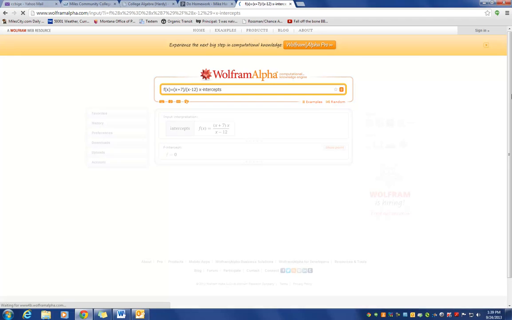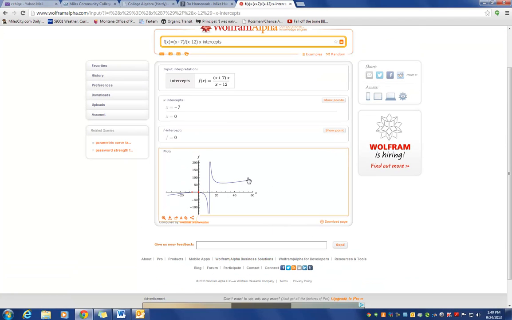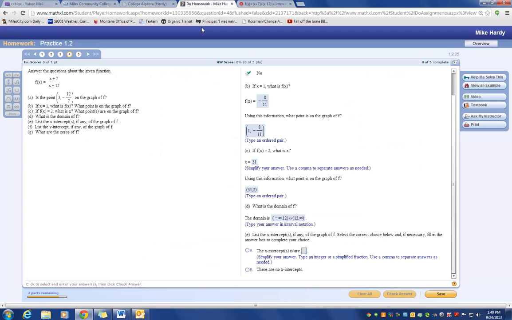Okay, so it's thinking, thinking, thinking, and sure enough it tells us the x-intercepts are occurring here at -7 and right here at 0. And if you zoom in on the graph, it would go above. So bottom line is where it crosses the axis is here at x equals 0 and here at x equals -7.